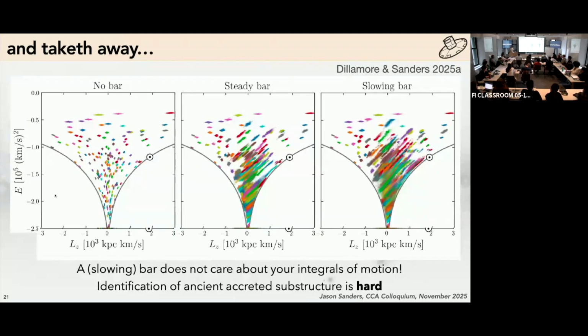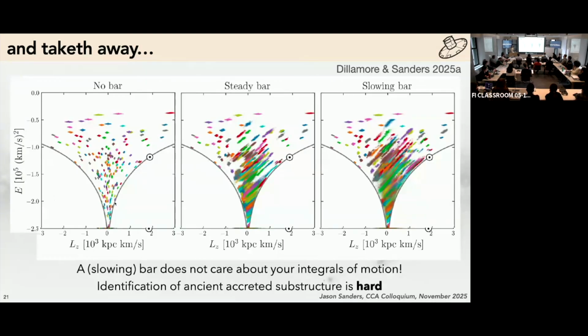So where in energy angular momentum space, we were associating different clumps with different merger events, because we were saying, well, the energy and angular momentum of the orbit stays approximately fixed. So those clusters that are near each other are on similar orbits and were accreted together.